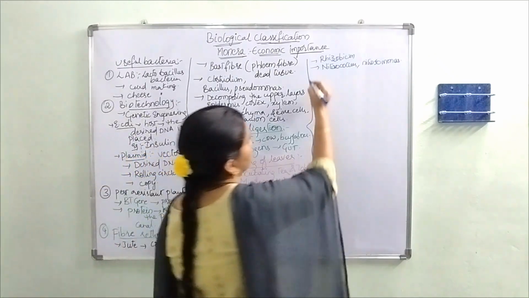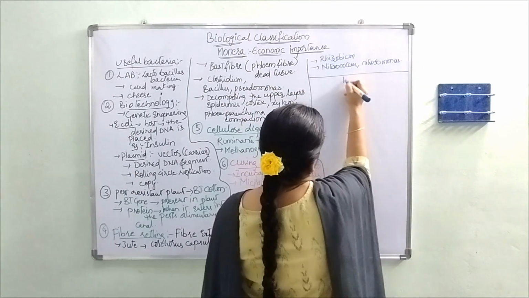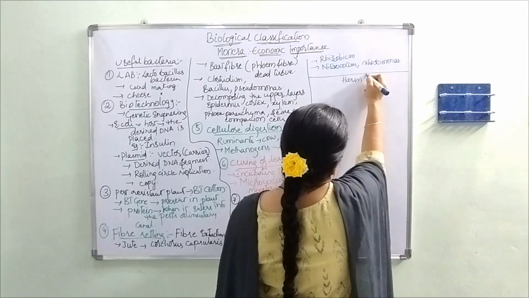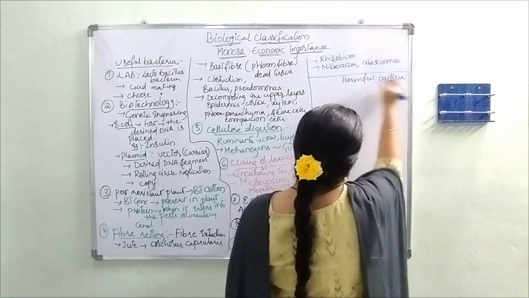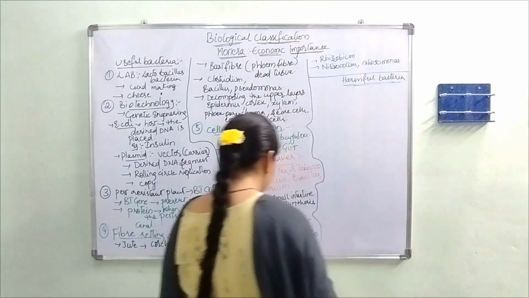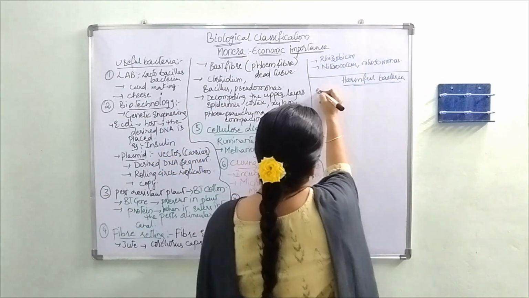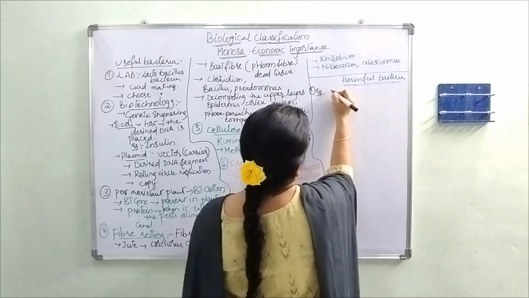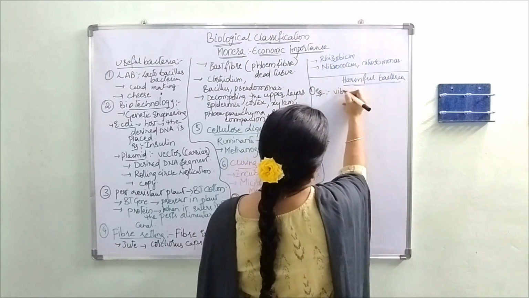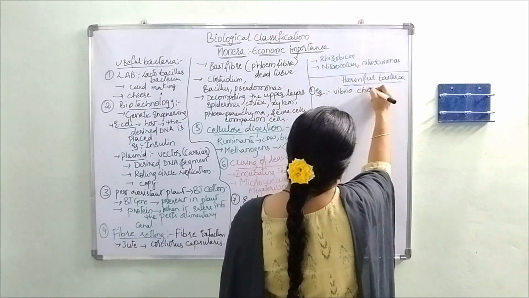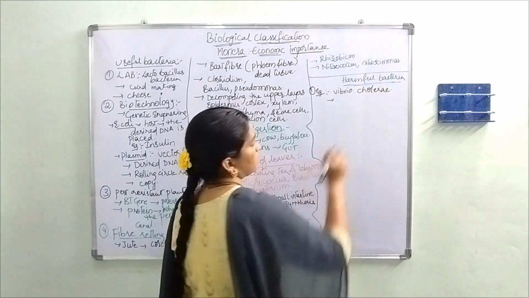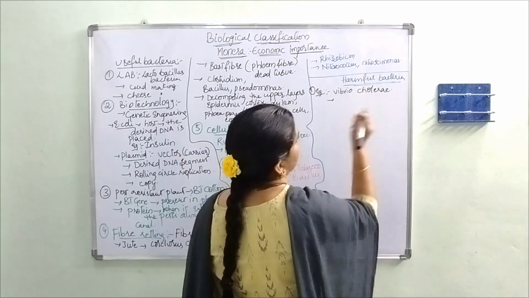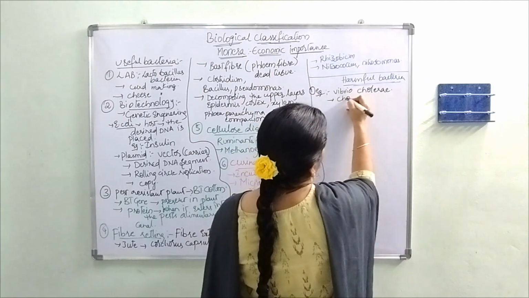Now coming to the harmful bacteria. Example 1, Vibrio cholerae. It causes the disease called cholera.